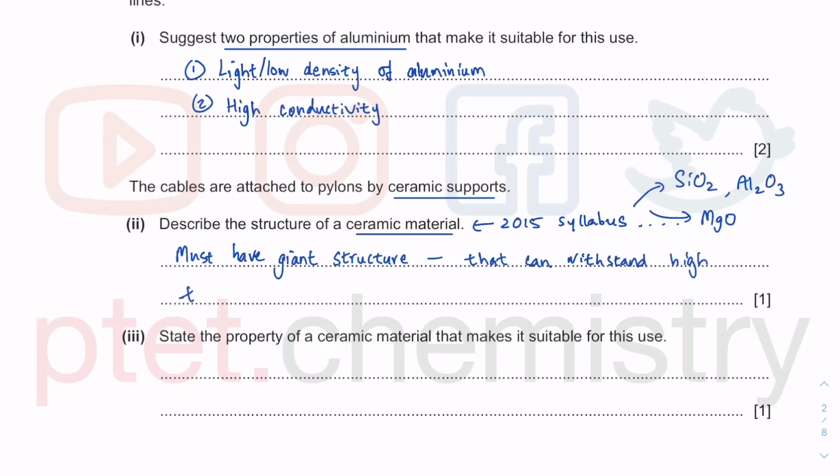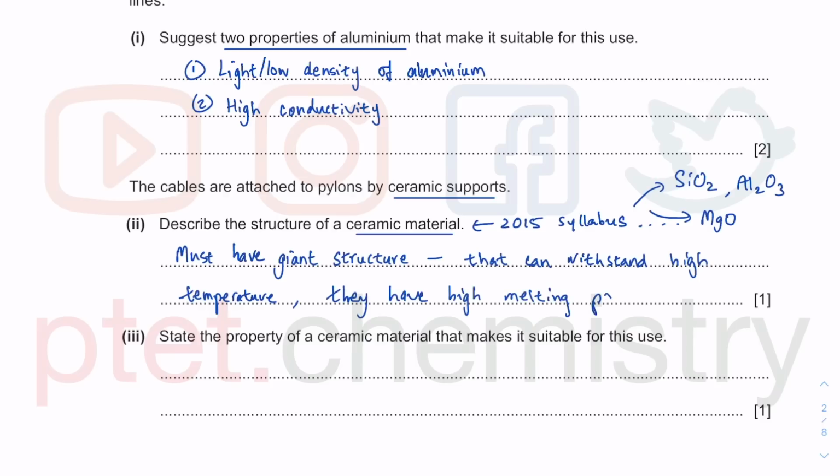because they don't melt or boil easily. Okay, high temperature. So your electrical cables carry electricity. Sometimes you get heating up due to a power surge, and you don't want these things to melt easily or to boil easily, right? So they have high melting point. They don't melt easily.